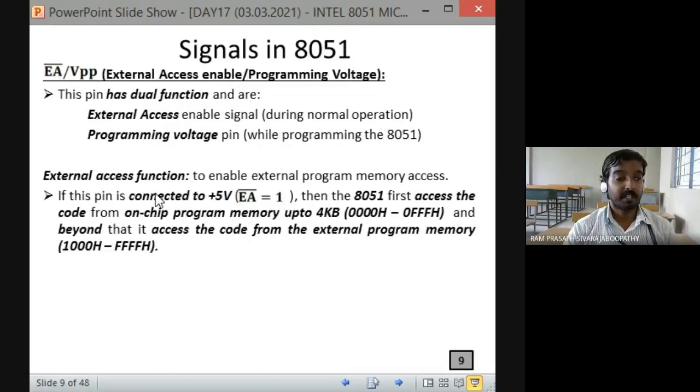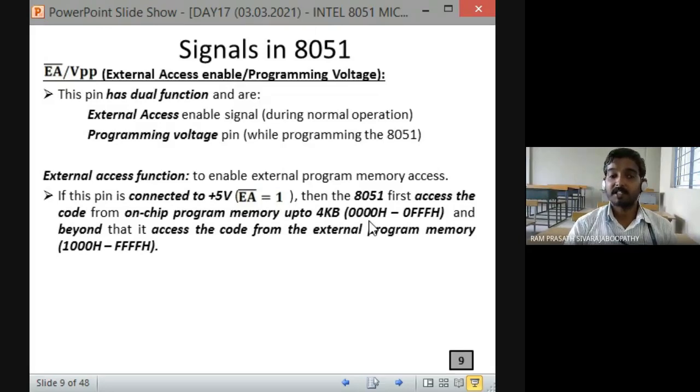If this pin is connected to plus 5 volt, that means external access enable is not enabled. Correct? That means it is going to access the program from on-chip ROM. If this pin is connected to plus 5 volt, that means logic 1, then 8051 accesses the code from on-chip program memory up to 4 KB.